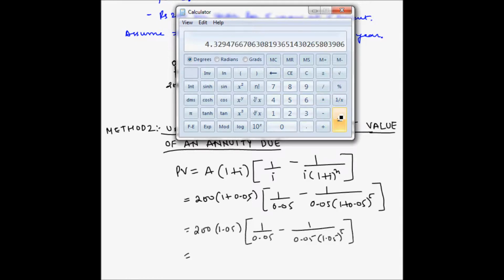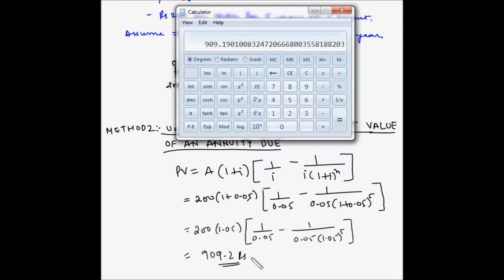So this is the value of the content in this bracket. Now let's multiply this with 1.05 multiplied by 200. So 909.2 rupees. So this is the same answer that we got using method 1.